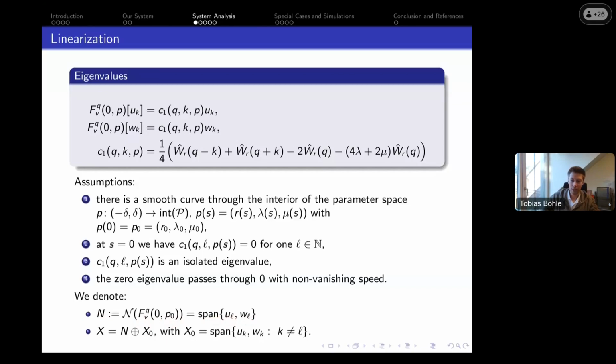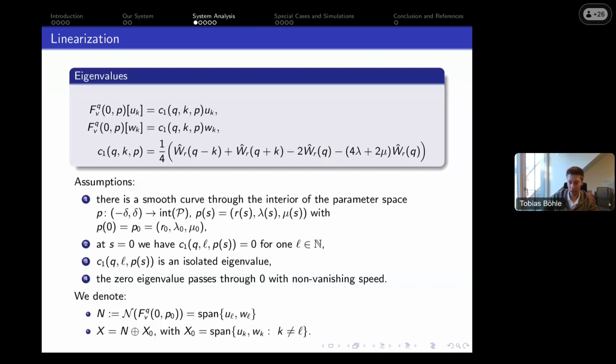You can easily see that when the parameter c_k, where k is equal to L, is equal to 0, that just means that the functions u_L and w_L get mapped to 0.